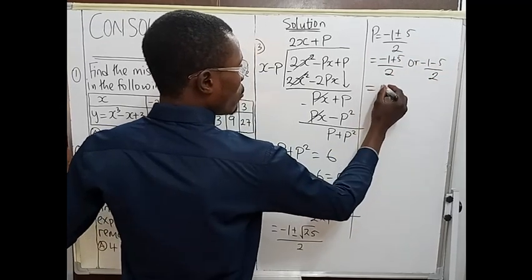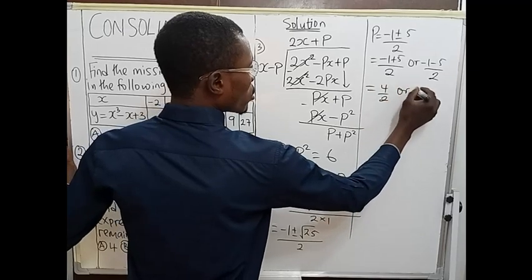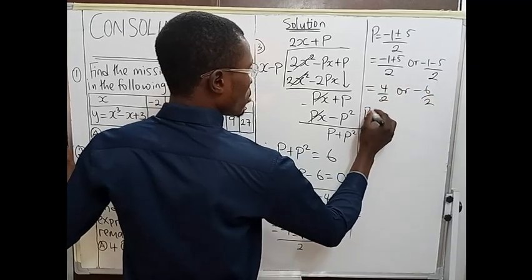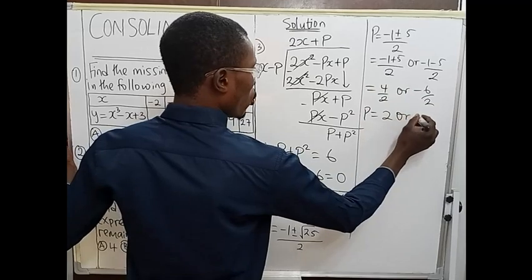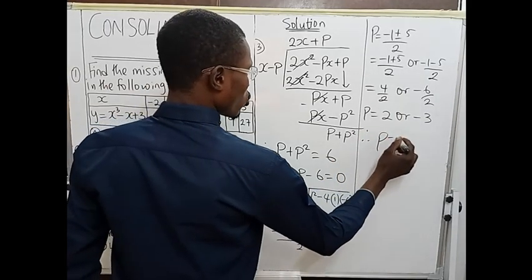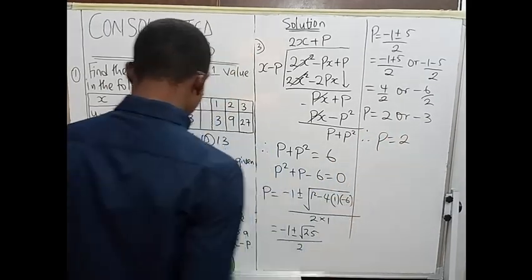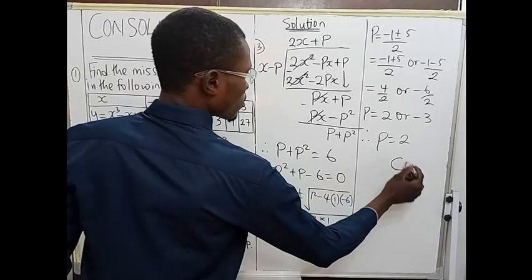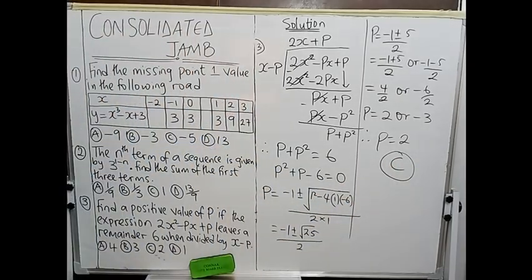So our P is 4 over 2, or minus 6 over 2. So our P equals 2, or minus 3. We asked for the positive value. So therefore, P equals 2. And that is given by option C. Option C gives the correct answer.